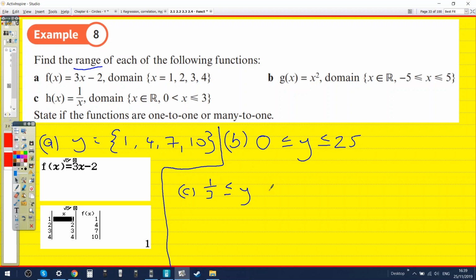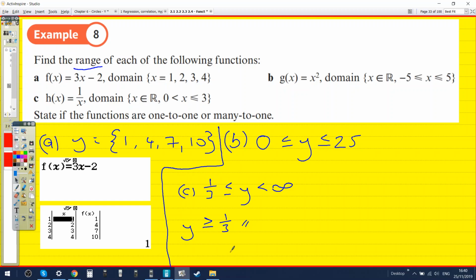Okay. And then it will be just 1 is greater than y. So I think, but on the other side it would be like basically less than infinity or something like that, dividing by 0. So I think it's just y is greater than or equal to a third.